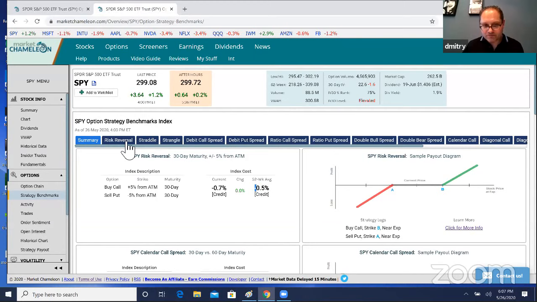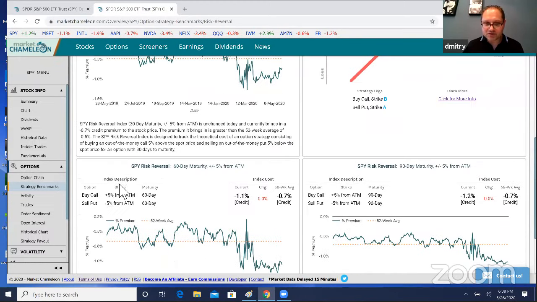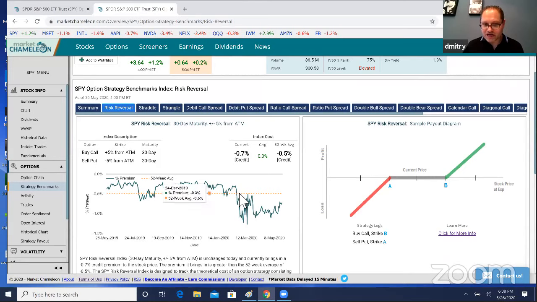And if you click here, you could look at different maturity dates, but here's what it looked like over time. So you could see here, lately that credit has been higher than usual. So it's one way to even consider if I wanted to get long the market, use the risk reversal. I'm actually getting a little bit extra than historical levels. So that's kind of like how you would look at it.